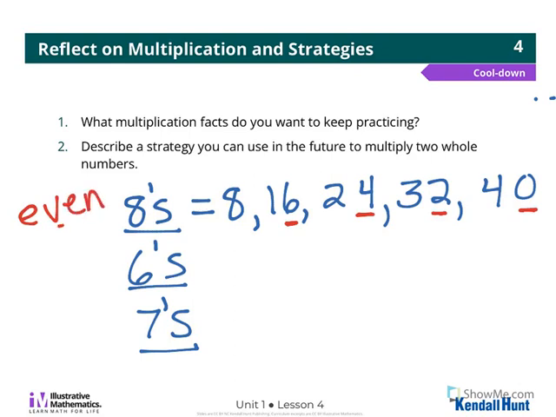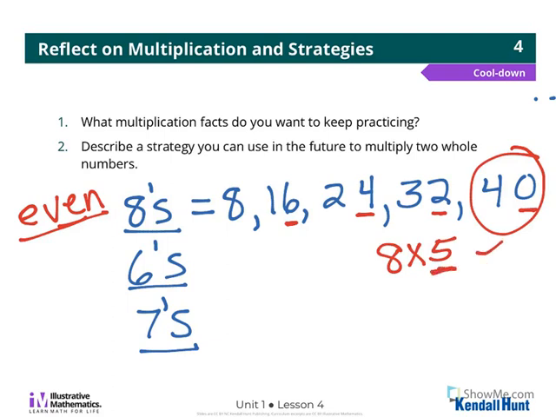And 8 times 2 is 16. You're basically counting by 8s every time. 8 times 5 is 40. I know that because if a number is divisible by 5, it ends in a 0 or a 5. So that helps me remember 8 times 5 is 40.